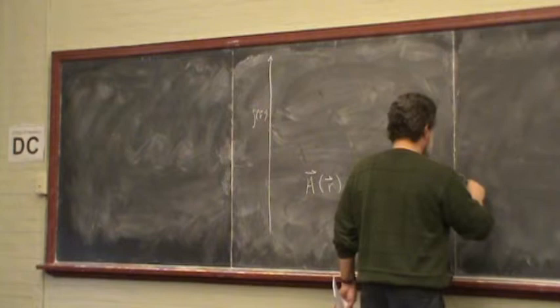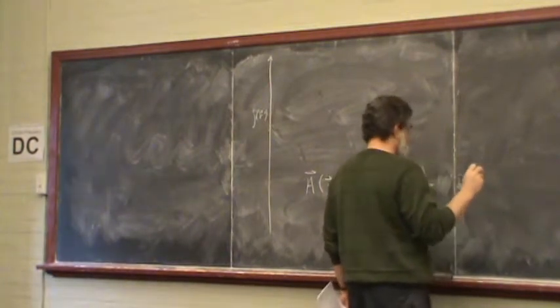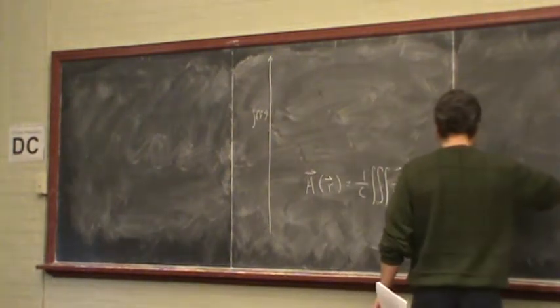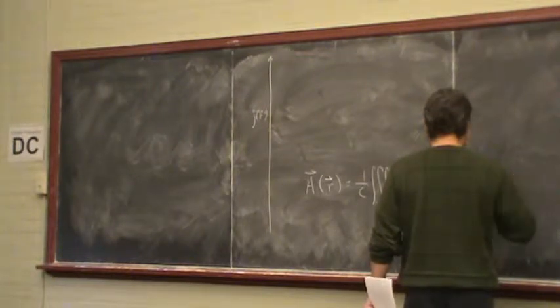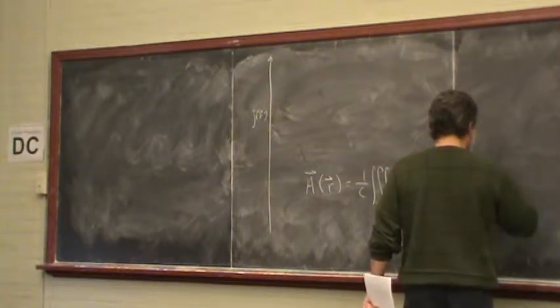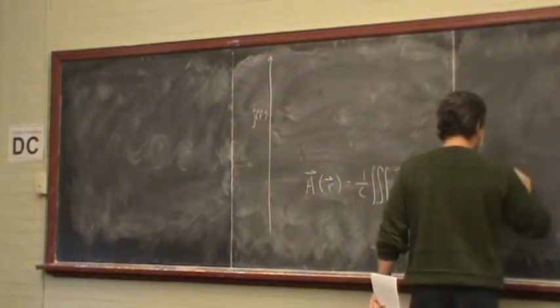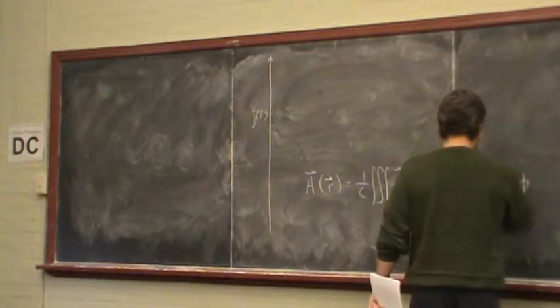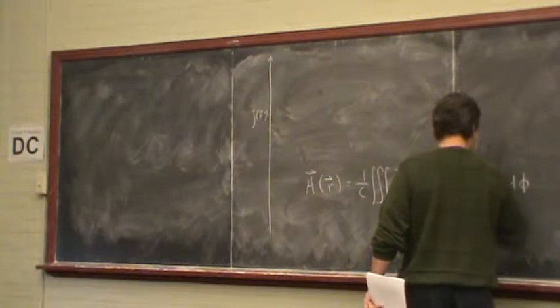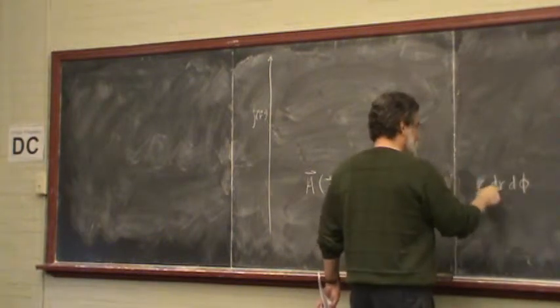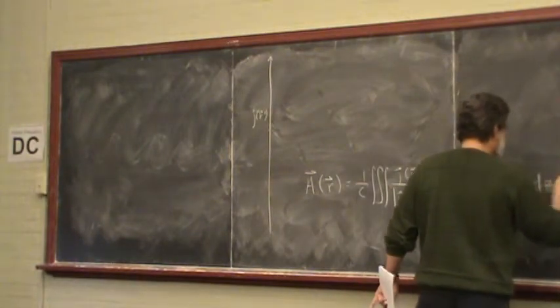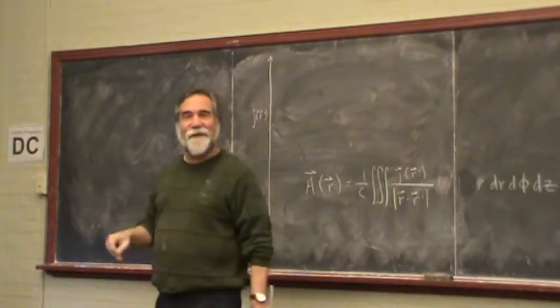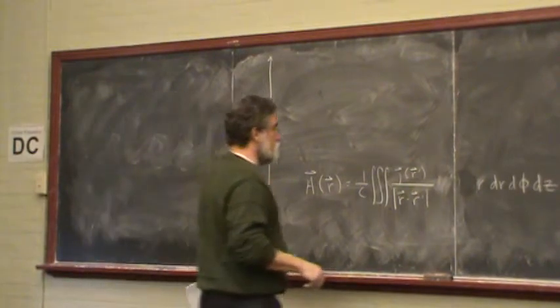Probably a 2 pi r dr, no phi, no 2 pi yet, dr sine theta r squared dr dz. Oh, I need one more. All primes.